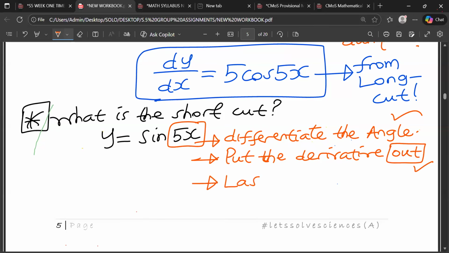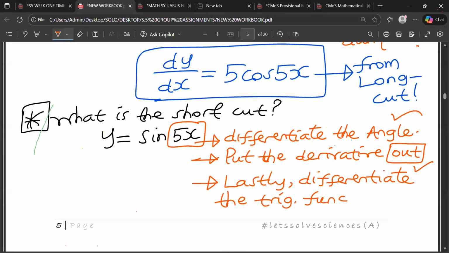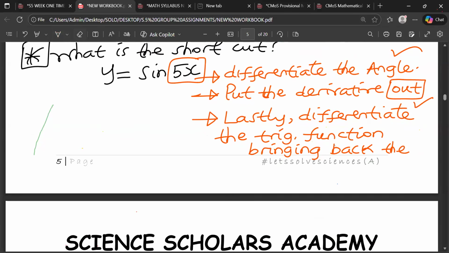Then lastly, differentiate the trig function, bringing back the original angle.